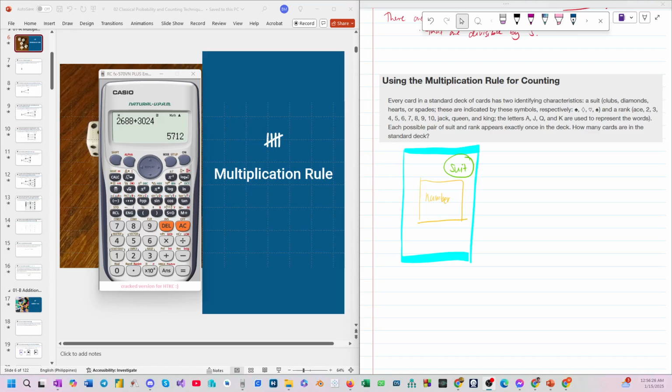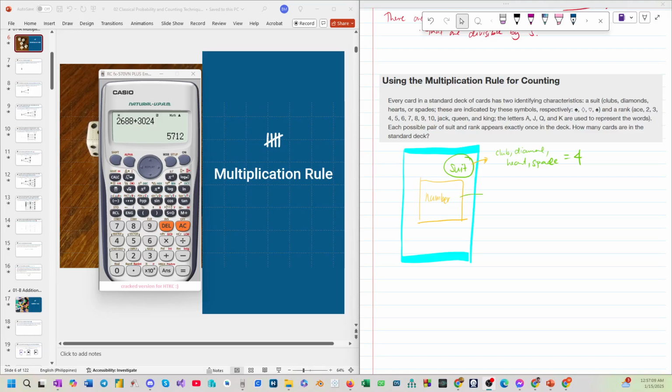So, we have what? In the suit, we have 4. So, you have the flower or the club. You have the diamond. You have the heart. And you have the spade. Okay, so you have what? Total of 4. Sa numbers naman, or rank, sabi niyo dito, we have what?